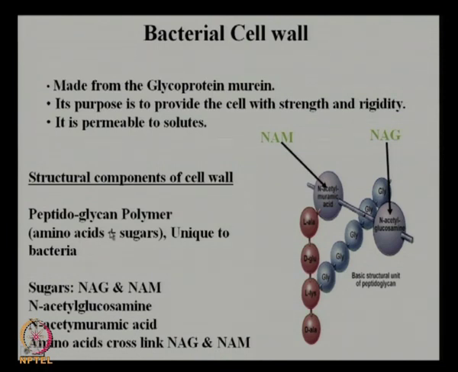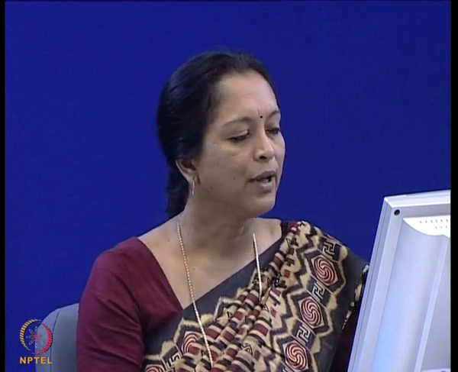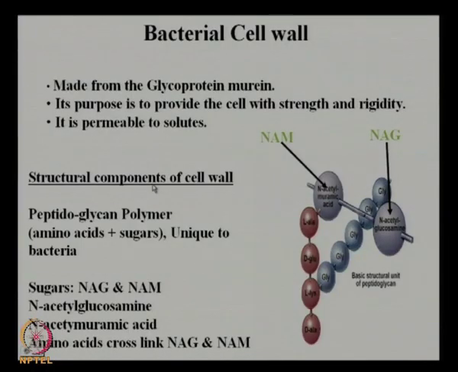Peptidoglycan is a polymer where we have sugar and amino acids tightly bound with each other. It is very unique as far as the bacterial cell wall is concerned.